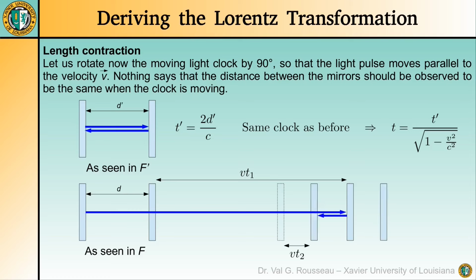Then we have a second stage where the pulse propagates from the front mirror to the back mirror. We call t2 the time that it takes, and during this time the back mirror moved by a distance vt2. Something that we know is that t1 plus t2 is the time for a round trip of the pulse, so it must be equal to the observed ticking time.